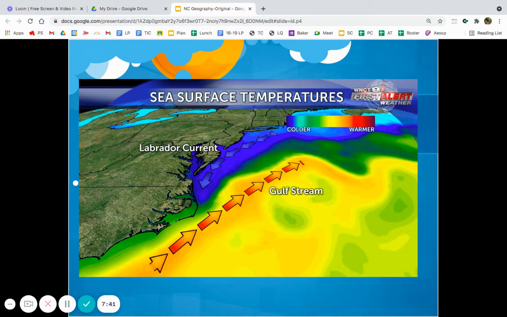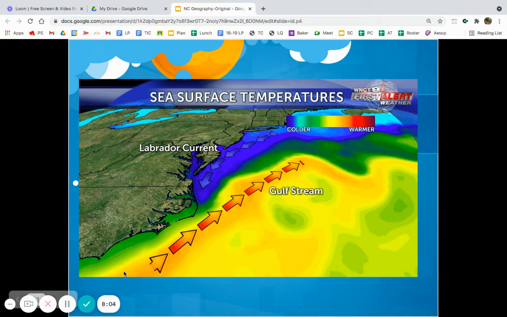Well, there's a current or a stream that runs through the ocean, and it comes out of the Gulf of Mexico. It goes around Florida, up past Georgia, up past South Carolina, and right past the coast of North Carolina. And so this water flows almost like a river through the Atlantic Ocean.